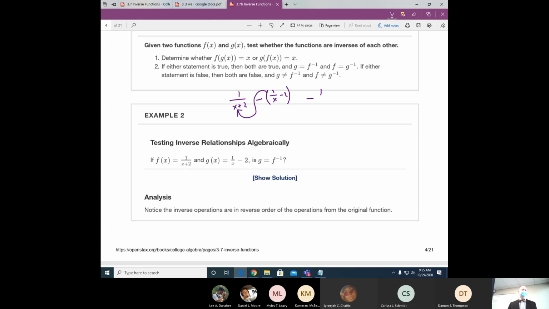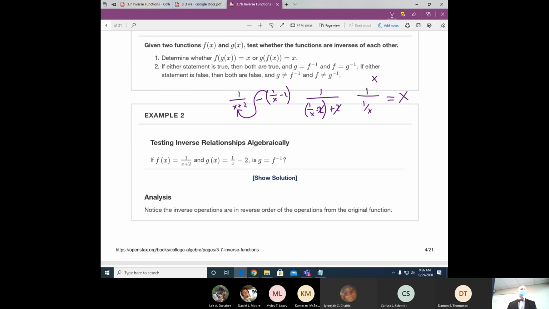So 1 over x minus 2, plus 2 gives me, well, the 2's cancel out. I get 1 over 1 over x, which gives me x. So yes, they are inverses, but pay attention to the domain here. The domain of this one is x can never be negative 2.